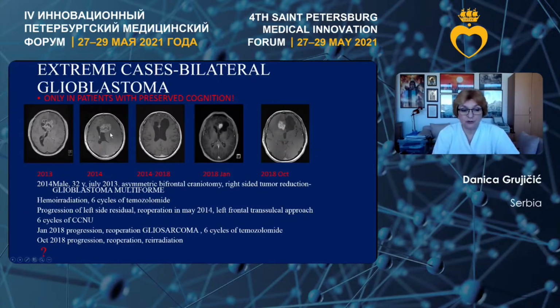So the cognitive and psychological functions of this guy were really preserved, and we dared to do the surgery. There were several surgeries since the year 2013. He's still alive, though the tumor does progress.